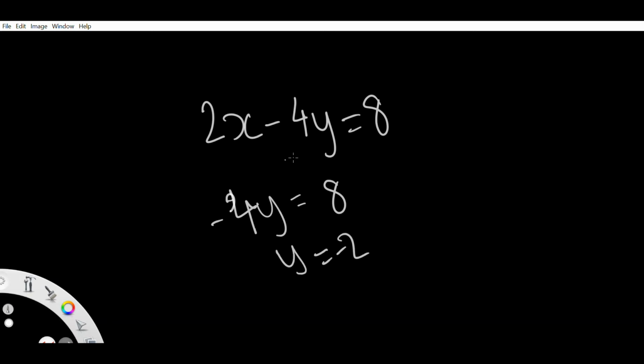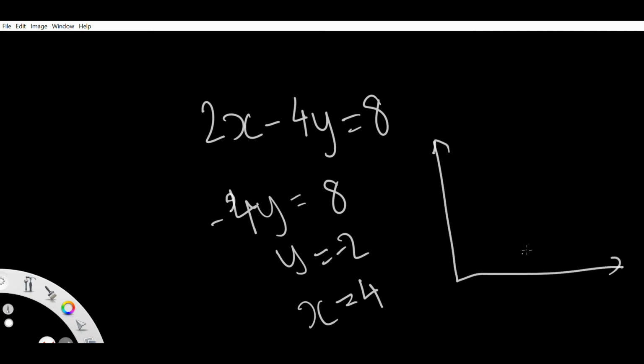Similarly, we would get 2x is equal to 8 and x is equal to 4. And when graphed, this would be a graph, so negative 2 for y over here and 4 for x over here, and connect it, and we get a line that actually goes up over time. So it's a line which has a positive rise.